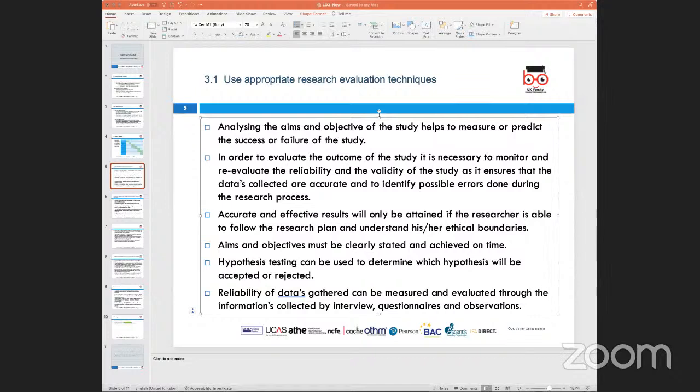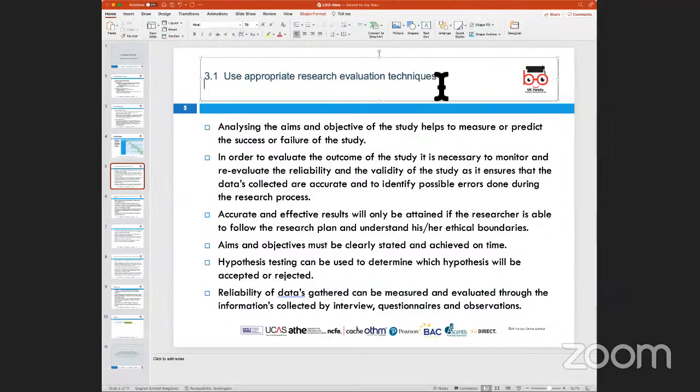But in general, when the word evaluation technique comes to you, we should look at 2 types: quantitative and qualitative. They are broadly classified into these 2 types. So if somebody asks you what evaluation techniques are, they are the quantitative and qualitative types.